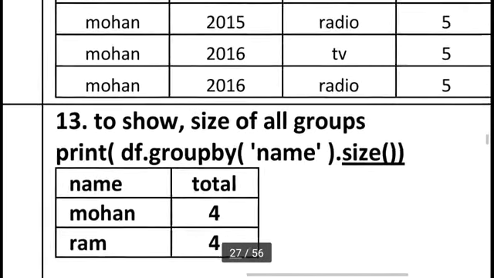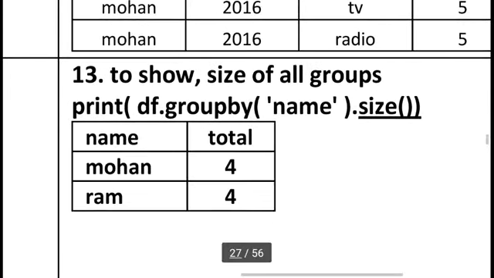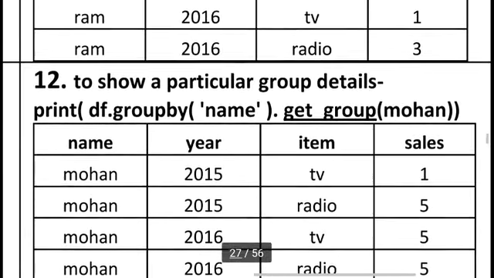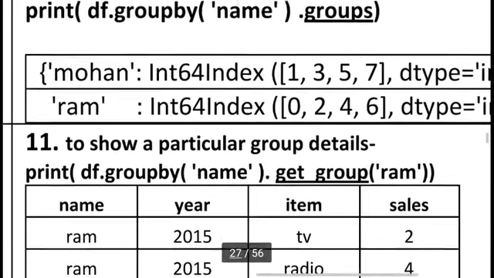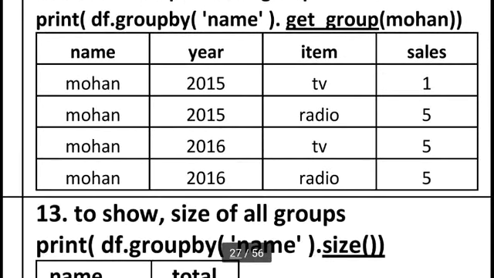Okay. Suppose I want to show how many actual rows there are per group. So you can see .size. Mohan has a total of 4 rows and Ram has a total of 4 rows. So always remember .size, .get_group and .groups. These are different things to see the basic group details.